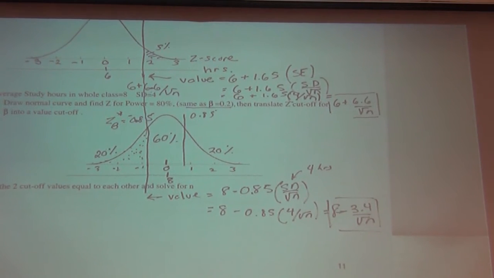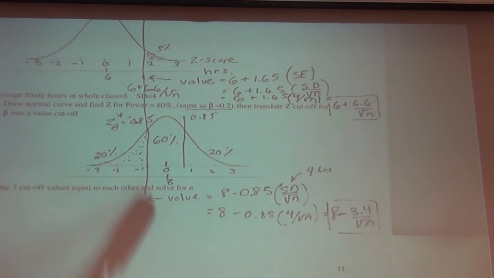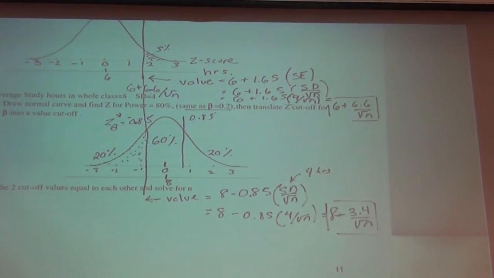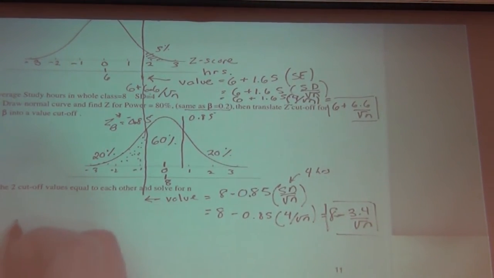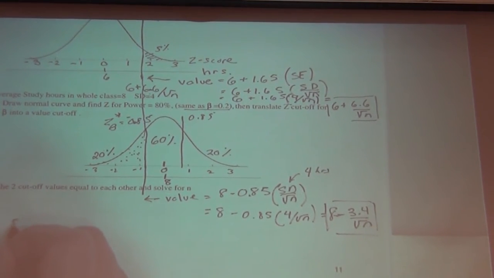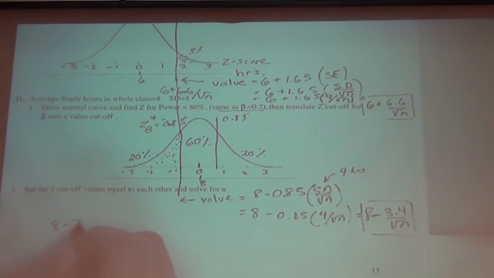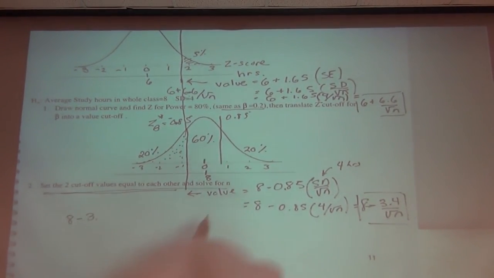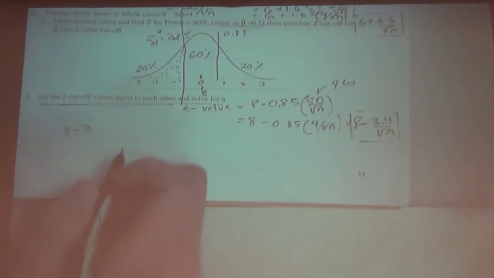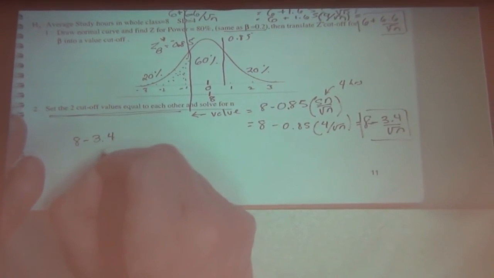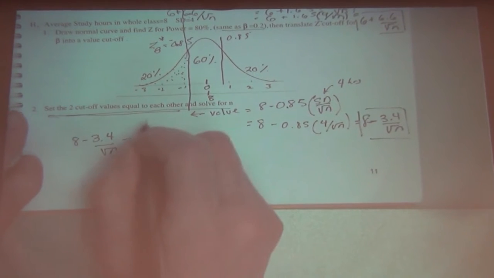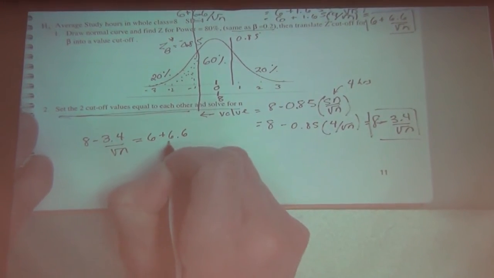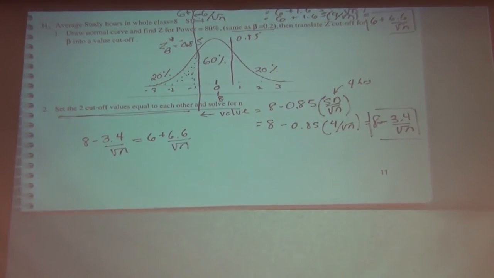Okay, so now, what do we want to do? Well, we want to figure out what n is, so we'll set these two equal to each other and solve for n. So we have 8 minus 3.4 over the square root of n is equal to 6 plus 6.6 over the square root of n.